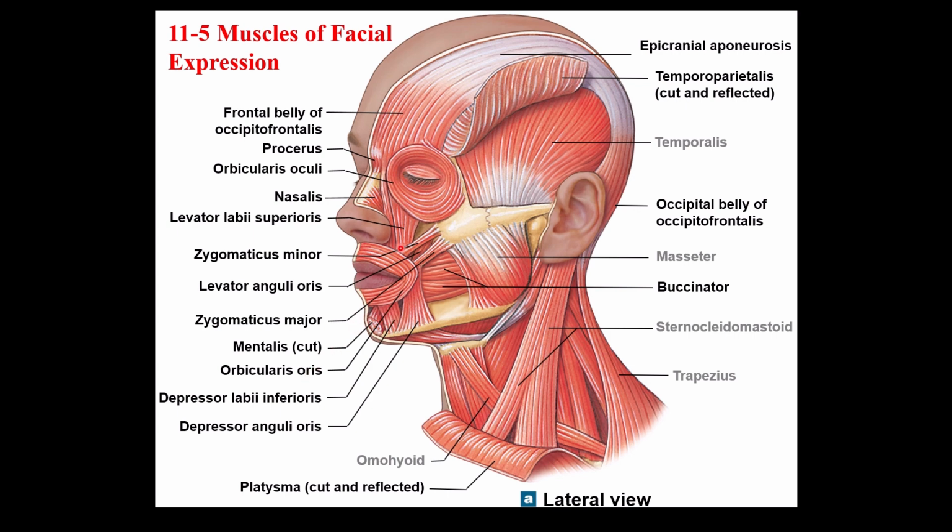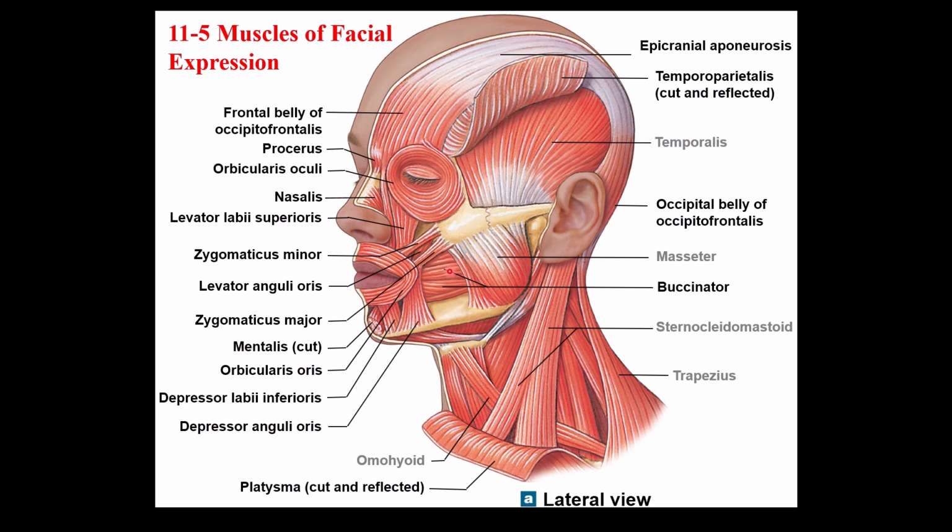Some muscles that you have are similar to these ones but in the opposite direction. So this is the depressor labii inferioris, that is depressing or moving the lip downward, and this is the depressor anguli oris, that is moving the corner of the mouth downward.